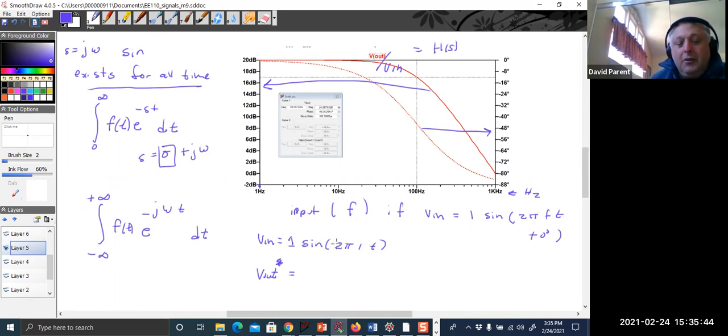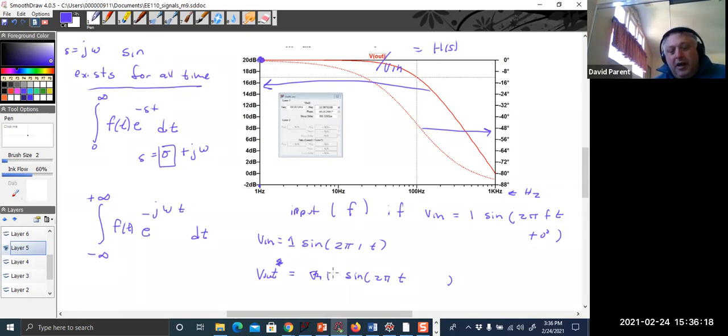Okay, well, all you have to do is multiply this sine wave by the linear magnitude. So what did I say? 1 hertz. So I look at 1 hertz and the gain is 20 dB.